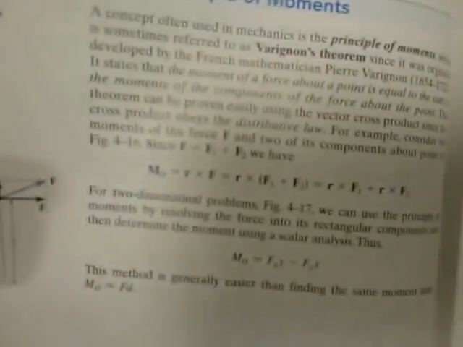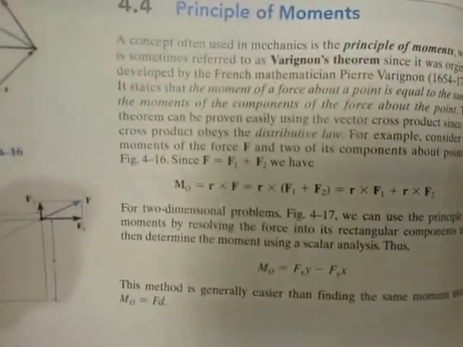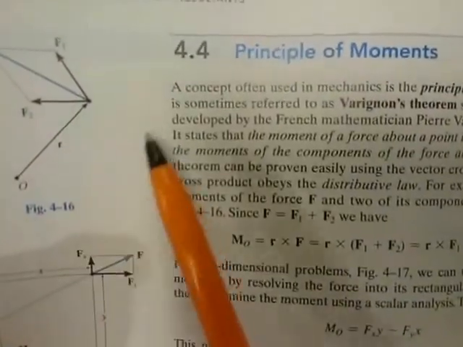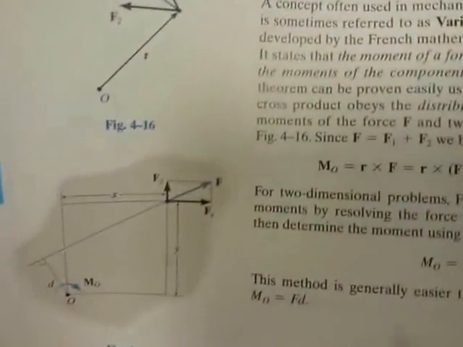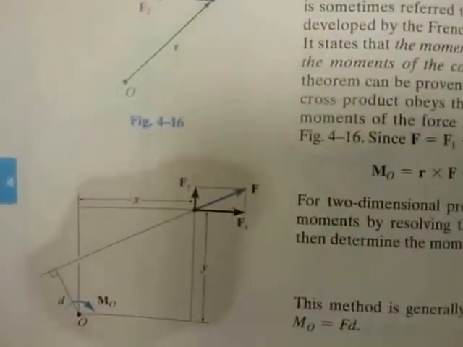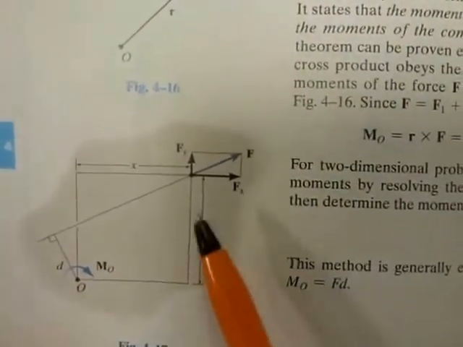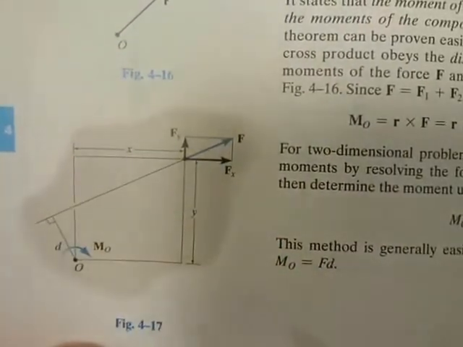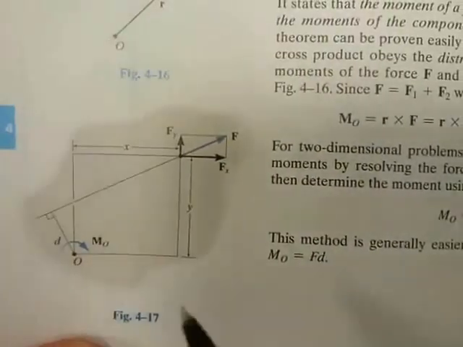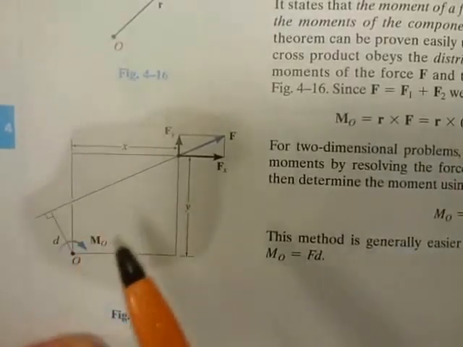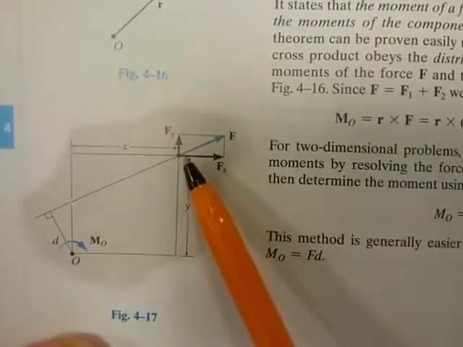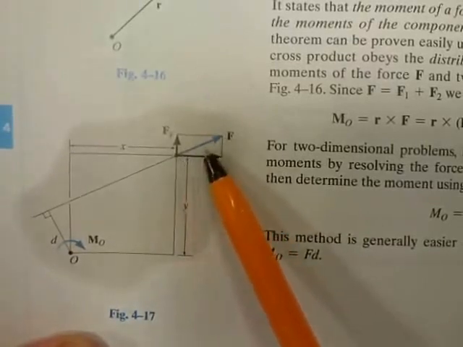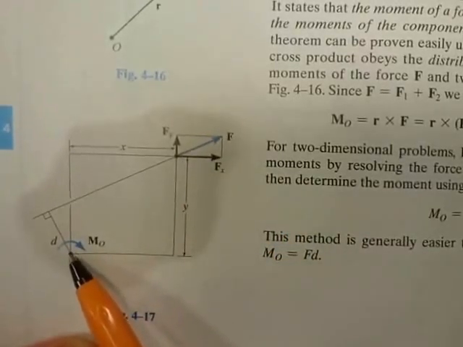Let's come to the textbook here. If you recall in the previous sections, up till 4.3, let's have a look at this figure here, 4.17. This is an excellent figure which illustrates the principle of moments. Up until now, we've had a force and we've had a point of rotation.